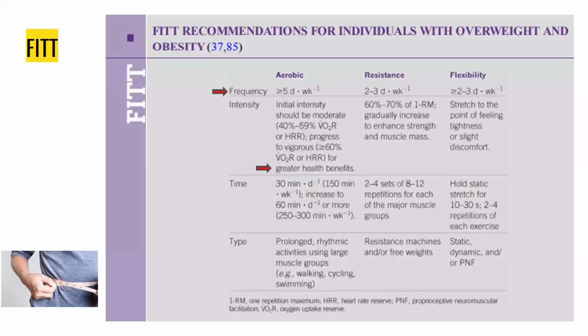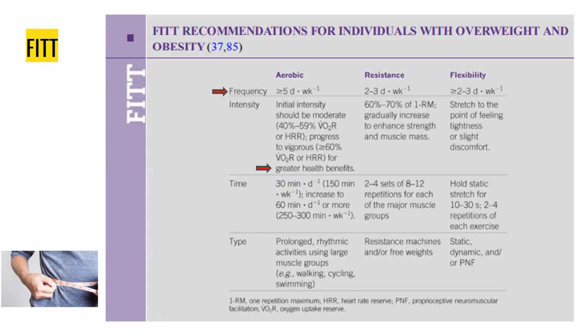So these are your FITT recommendations for aerobic training. I will recommend 5 or more days per week of training. Initial intensity 40 to 59% and progress to vigorous intensity over 60% for greater health benefits.